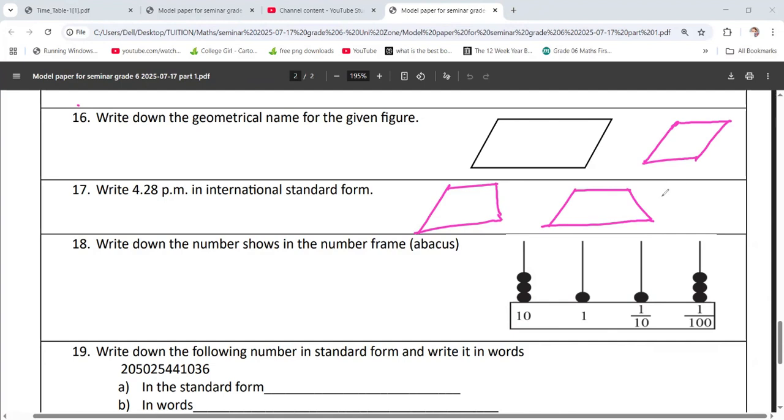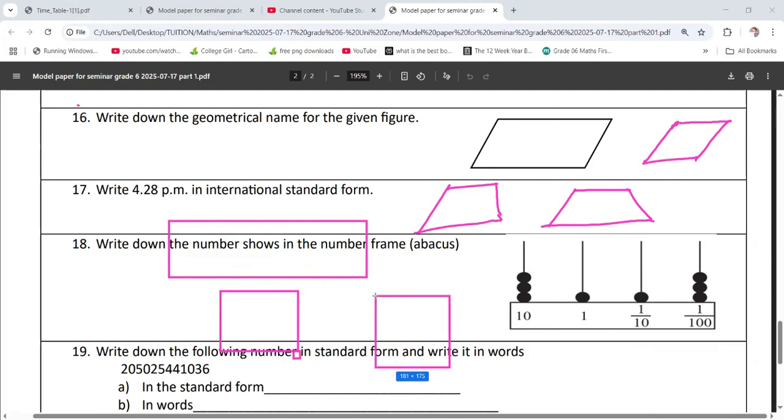And also the rectangle, which looks like this, and the square, which looks like this. So these are the types of quadrilaterals you learn in grade 6.